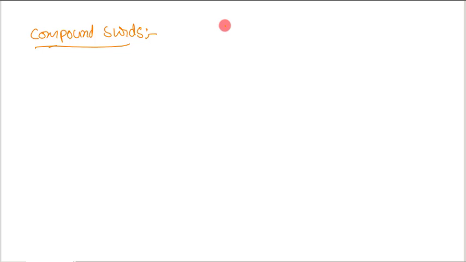A surd which consists of two or more terms is said to be a compound surd. Compound in the sense of more than one. What is the meaning of compound? Compound itself says more than one. That means if a surd consists of more than one term, then it is called a compound surd.